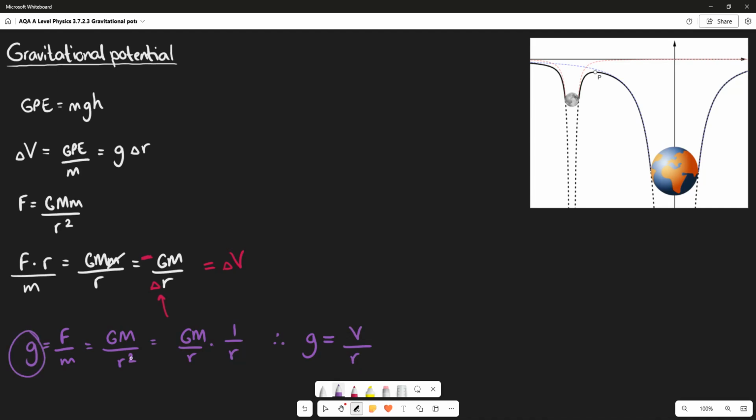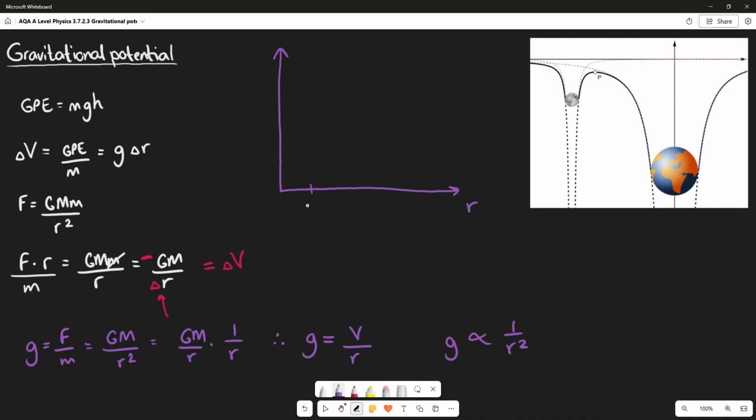And we can see from this relationship here that gravitational field strength is proportional to 1 over r squared. If we put this in a graph, as the radius increases, the gravitational field strength will decrease, and it will decrease according to the inverse square law.